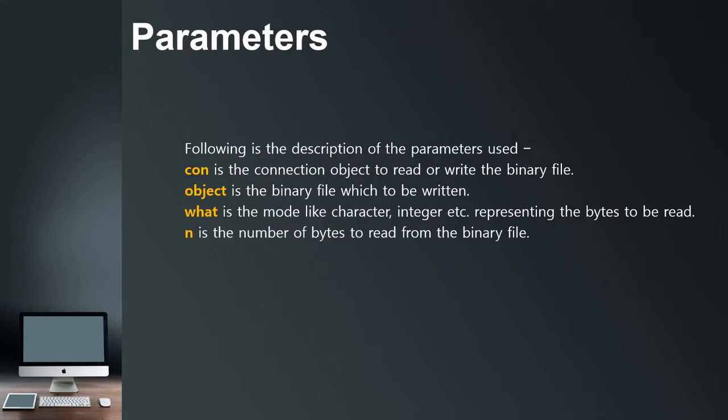These are certain parameters used while you are using writeBin or readBin. The first parameter is con, the connection object to read or write the binary file. The next is object, the binary file which is to be written. Next is what, a mode like character or integer representing the bytes to be read. n is the number of bytes to read from the binary file.